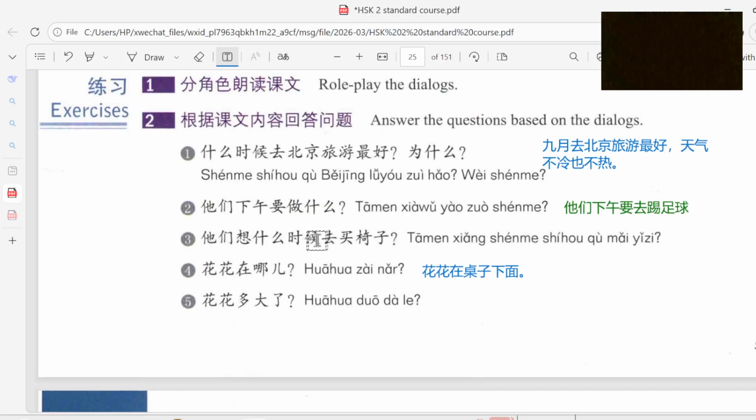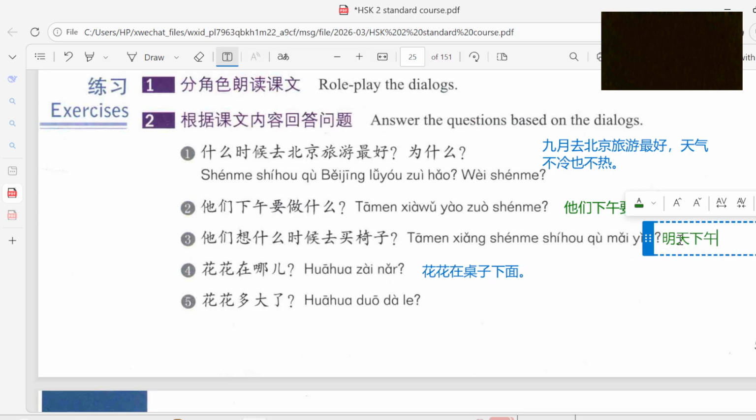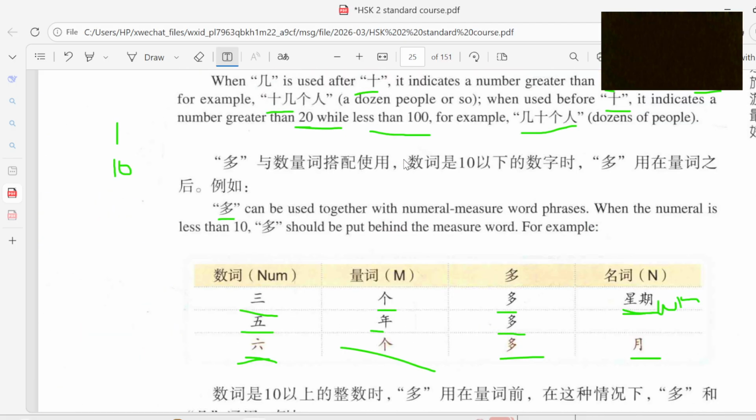Then we have number 3. 他们想什么时候去买椅子？What time do they want to go buy the chair? It's 明天下午, we just saw that. 明天下午, tomorrow afternoon. If you want to put the exact time, you can still go back and check what time.